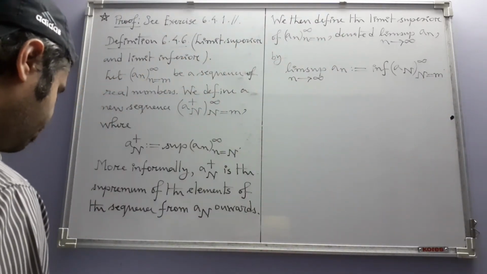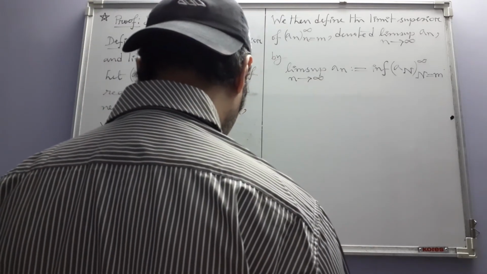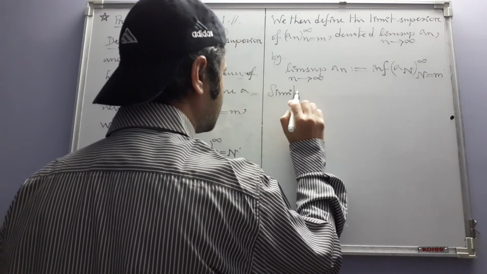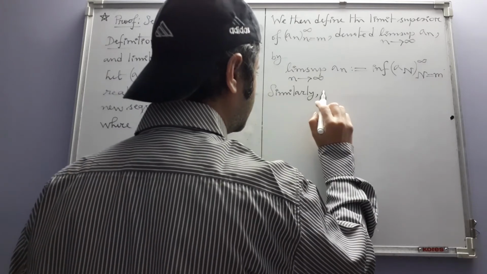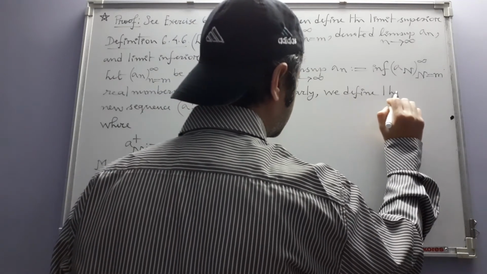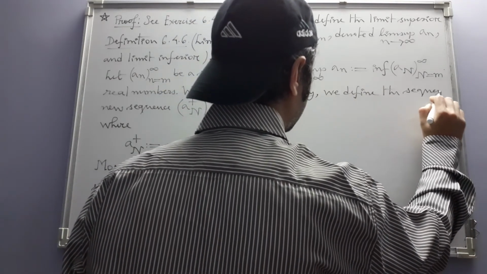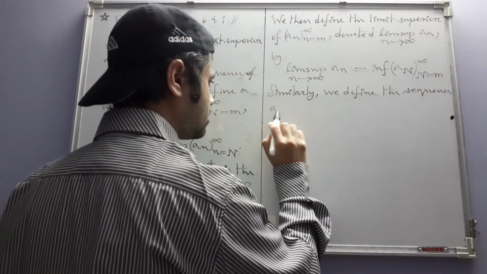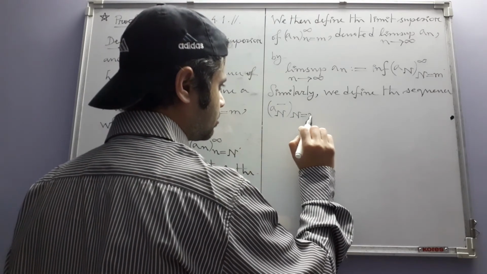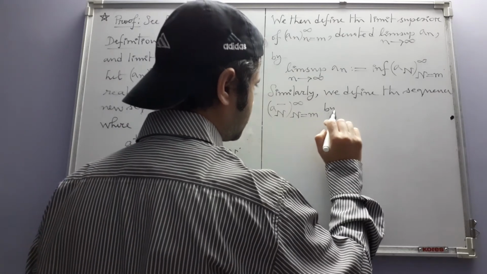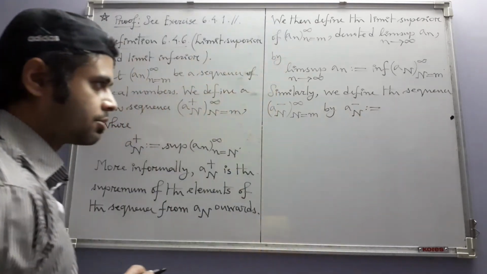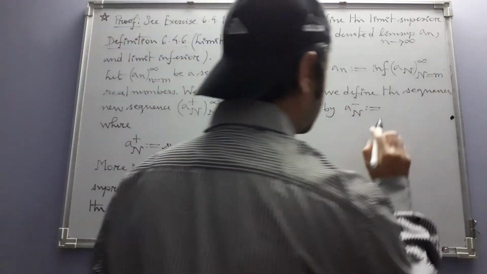And similarly, limit inferior. Similarly, we define the sequence, this time, by defining a_N minus to be, this time we start with infima.